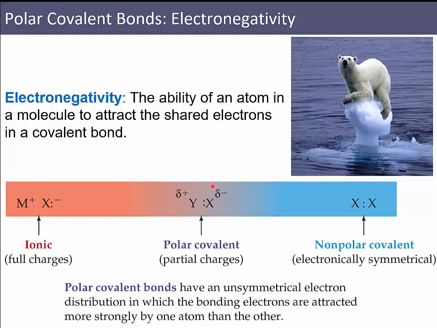In polar covalent bonds, you have an unsymmetrical electron distribution in which the bonding electrons are attracted more strongly by one atom than the other.